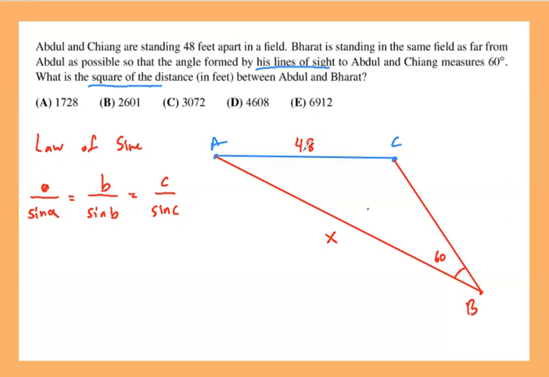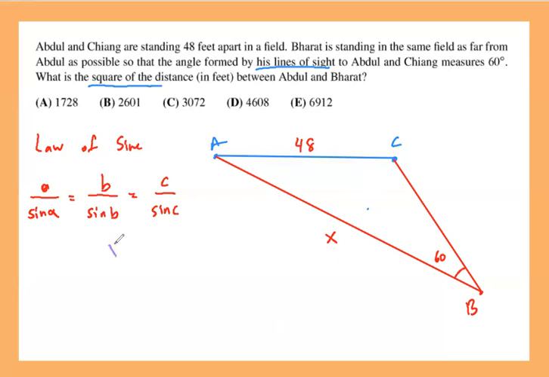Because I know one side, which is opposite this 60 degree angle, and I can easily find the sine of 60. And there is this other angle, which I don't know, but I will make another nice relation from there.